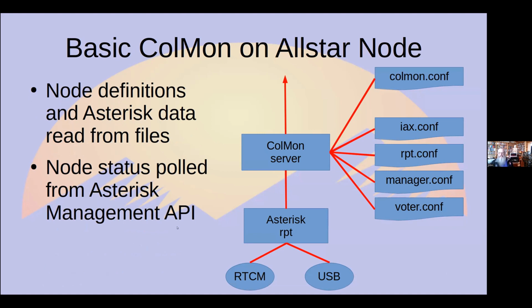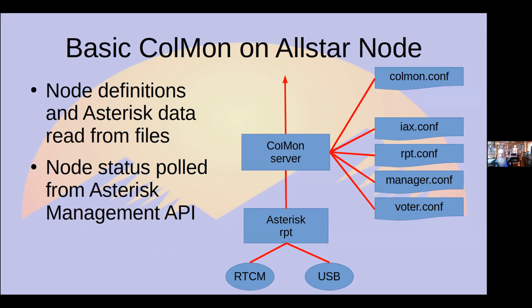What this shows is, if you're running an Allstar instance, you'd basically have the Asterisk server running on the local machine. It'll talk to either the radio thin client modules or the USB connected devices to actually run the Asterisk or the Allstar link servers.